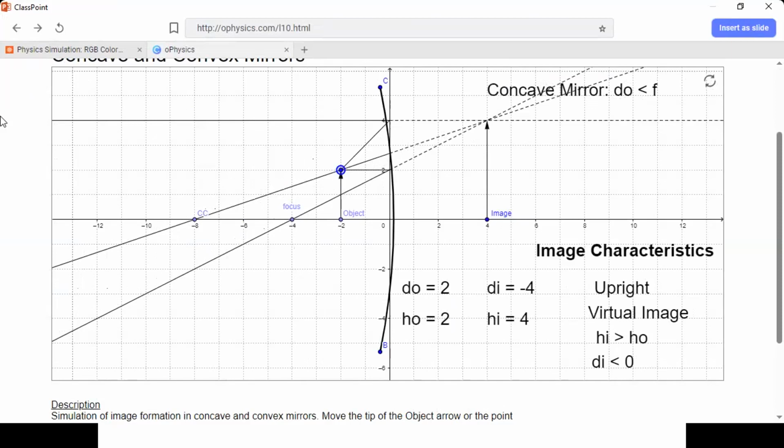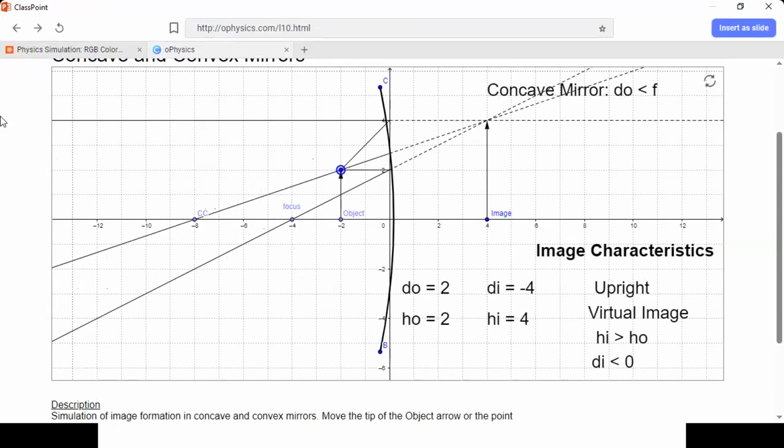That's why it was virtual, by extending the reflected ones. Because the reflected light never intersects in front of the mirror, we extend the reflected light. When we extend, we will see that the image will be created behind the mirror. What makes it upright? It is the characteristic of the mirror. Because we are just trying to draw this part, we will see this part here. That's why it's upright. Good.